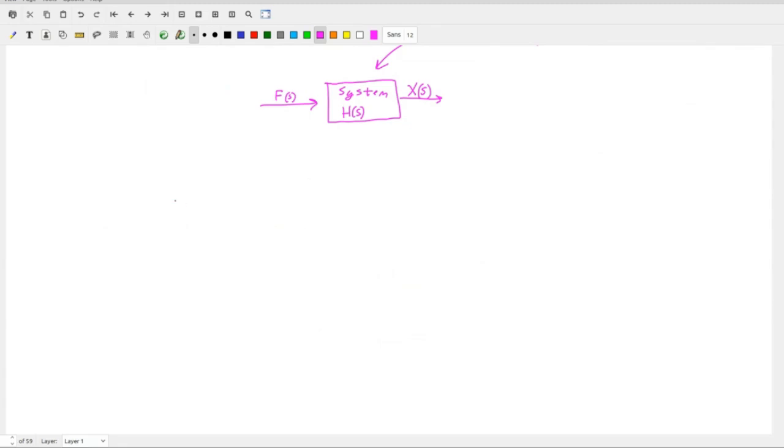So let's show the reasoning behind a transfer function, behind H of s.